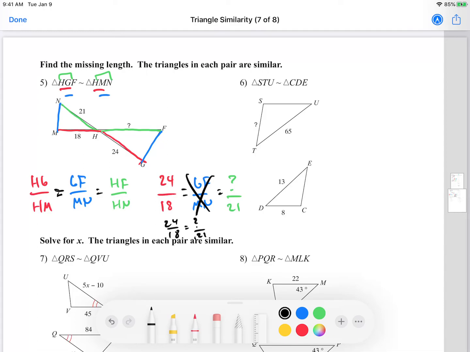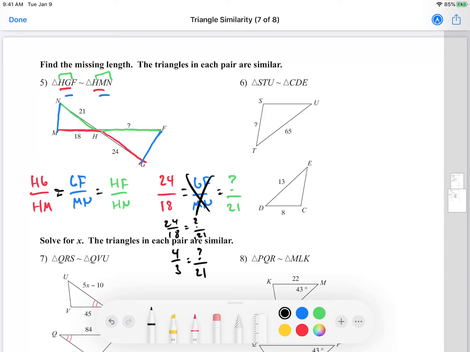So how am I going to solve this? First thing I would do is simplify the left-hand side because I can. 24 over 18 reduces; they're both divisible by 6. So I can reduce this to 4 over 3 is equal to question mark over 21.